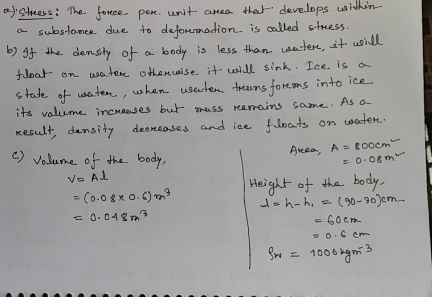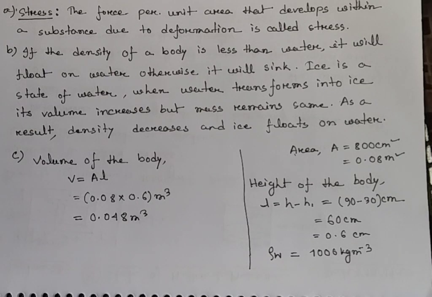Our second question was why does ice float on water? As we know, if the density of an object is less than water, it will float on water, and if the density of the object is greater than water, it will sink. Ice is such a state of water where, when water transforms into ice, its volume increases.